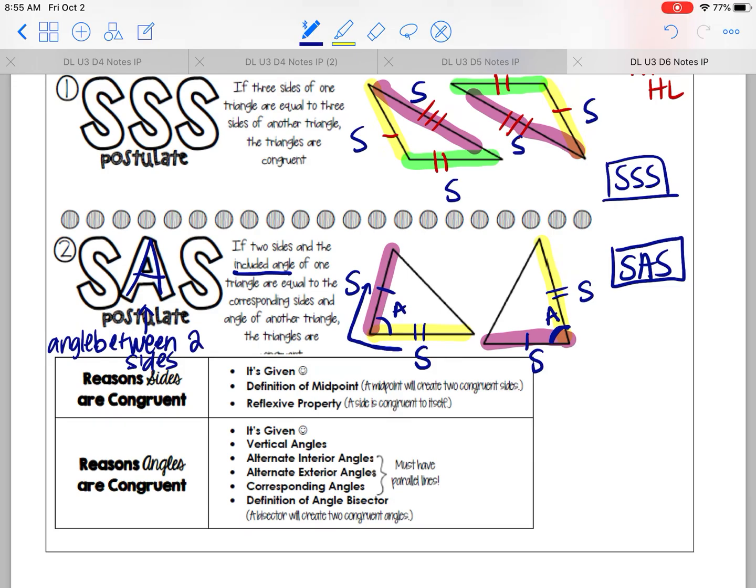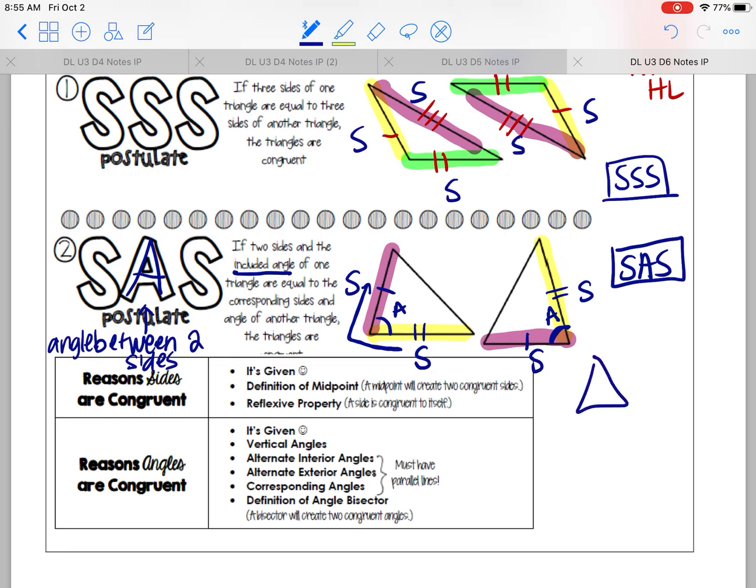Now, I just want to also let you know that there are some reasons that you need to remember in order for you to determine that you have an extra pair of sides that are congruent. That would be when it's given, when the markings are there in the triangles.